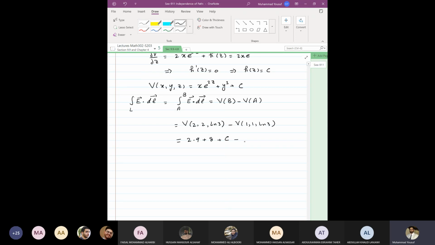So x is 1 and z is 1. So it will be 1 multiply e power 2 log 3. Again it is 9, and y is 1, so plus 1 plus c, but we need to put a bracket here.